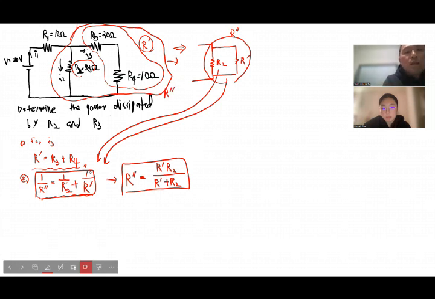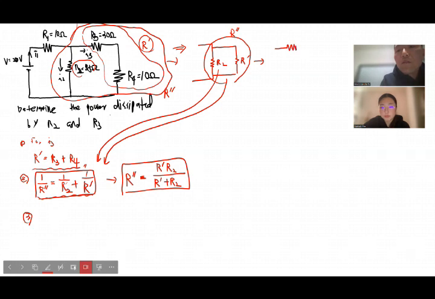Okay, that is the second part of this circuit, which is R double prime. Now R double prime is connected with R1 along the current path of I1, right? So number 3, if you draw the modified configuration of this original circuit design, it should be like this.